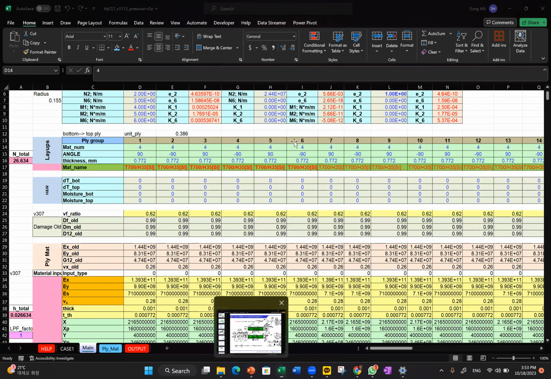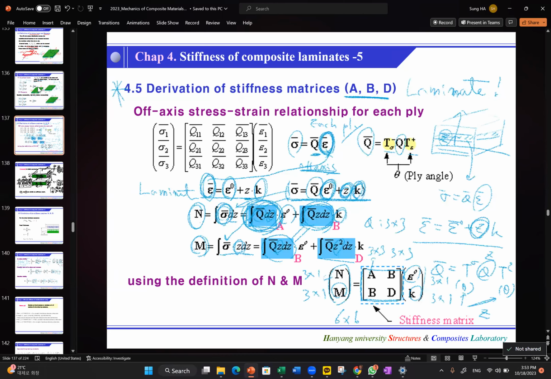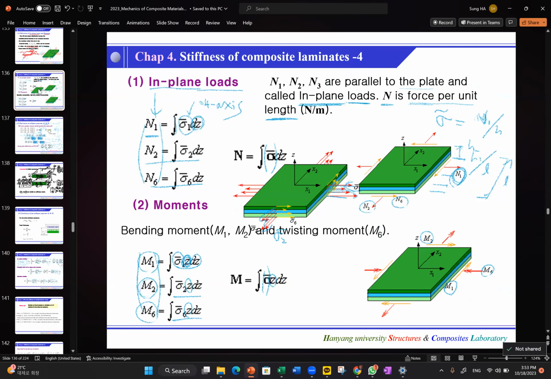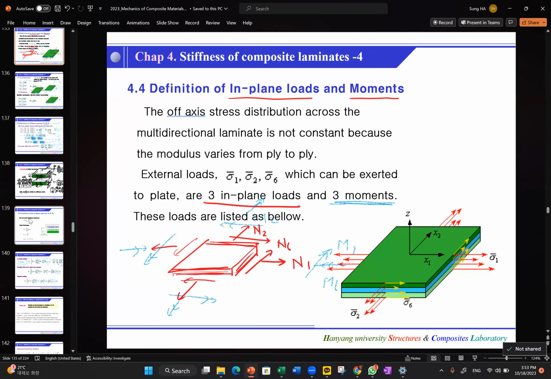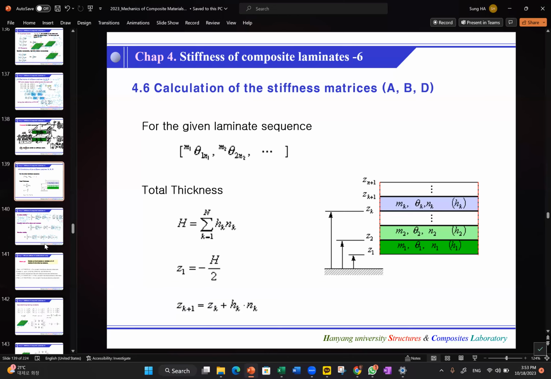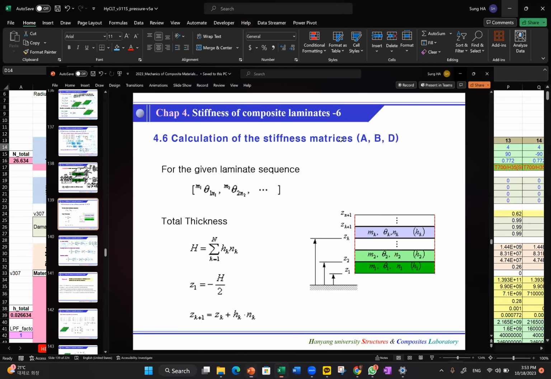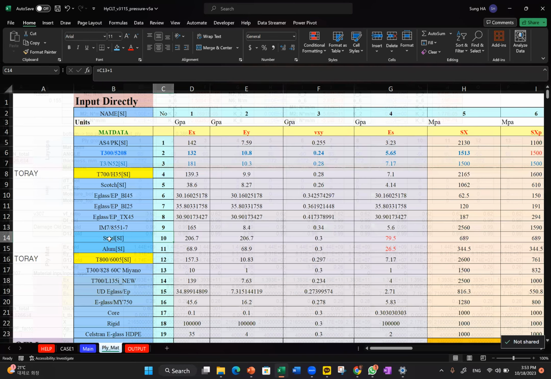I'm sorry, I made a mistake here, but the stacking is from the bottom: 1, 2, 3, 4, 5. Usually starting from the bottom. So let's say again we go to apply and then choose steel, number 10.